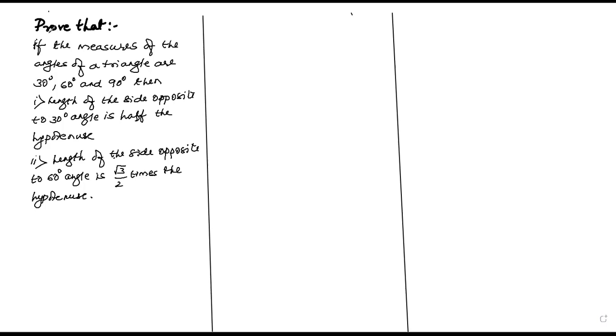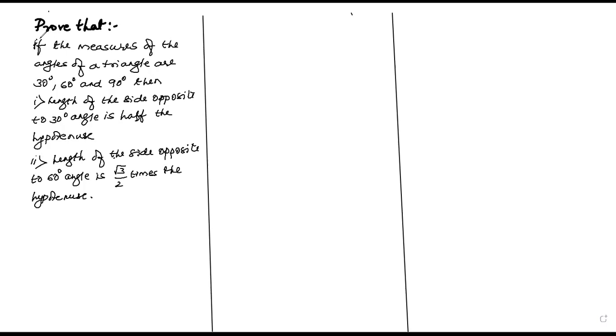They can always ask you, prove that if the measures of the angles of a triangle are 30 degrees, 60 degree, 90 degree, then length of the side opposite to 30-degree angle is half the hypotenuse. Length of the side opposite to 60-degree angle is root 3 upon 2 times the hypotenuse. Either one of them they may ask you to prove. Got it? So, children, let us try to prove both. The measures of the angles of a triangle are 30 degree, 60 degree, 90 degree.